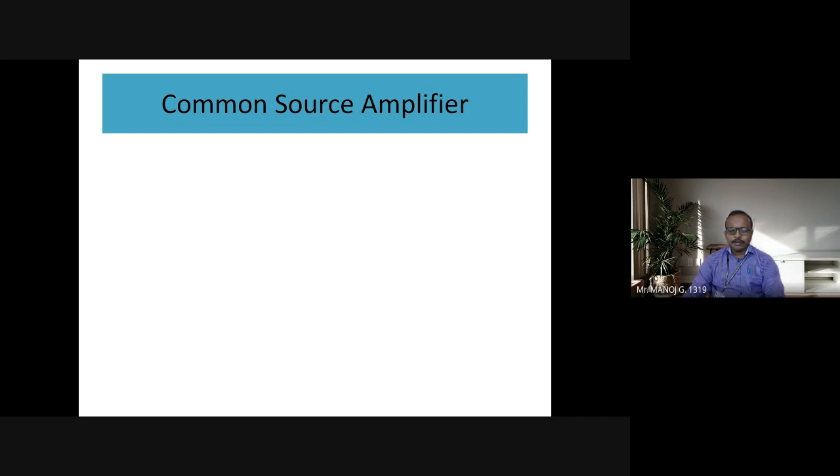When you look at an amplifier, there are a lot of challenges in building up a very simple amplifier. The first and foremost challenge would be, what is the design specification? Similarly, for a common source amplifier, can you tell me what do you mean by a common source amplifier?